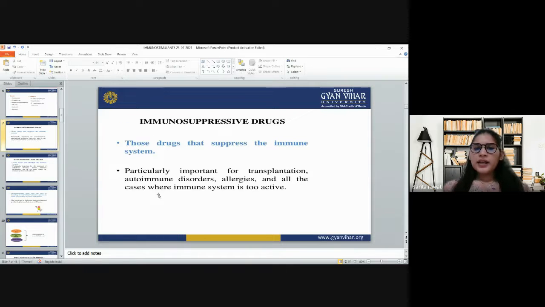Now, what are immunosuppressive drugs and how do they work? Immunosuppressive drugs are those drugs that suppress the immune system, which is particularly important for transplantation, autoimmune disorders, allergies, and all the cases where the immune system is too active.